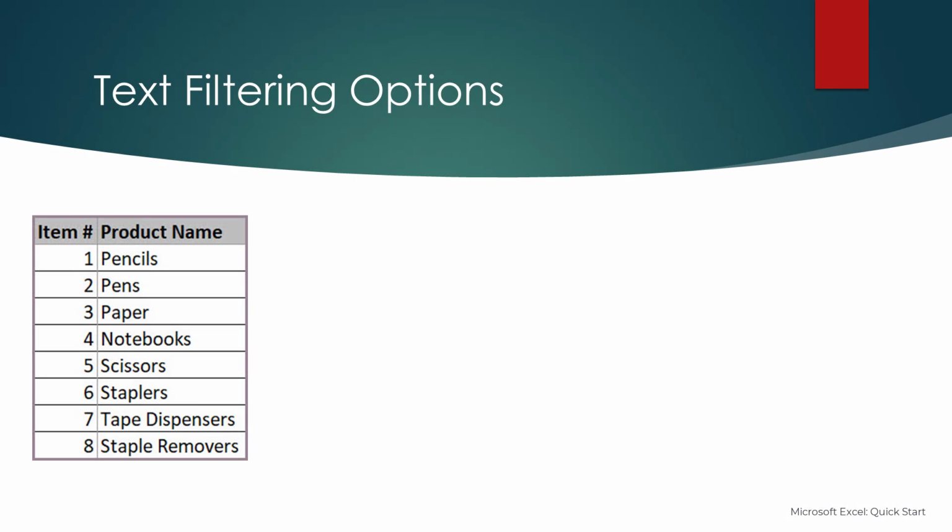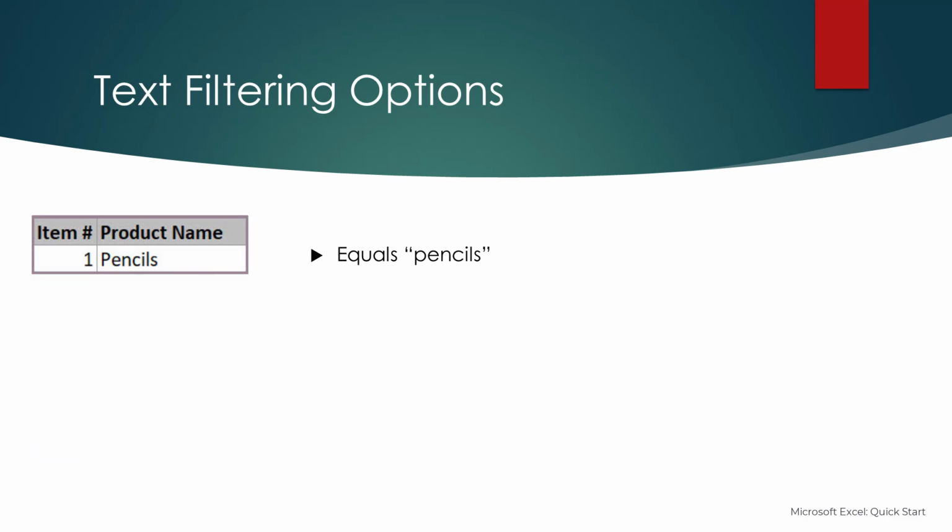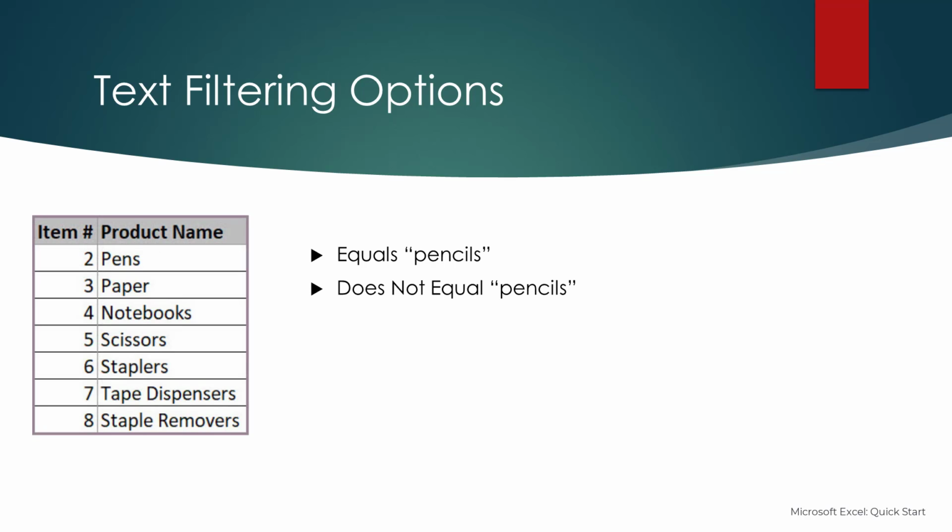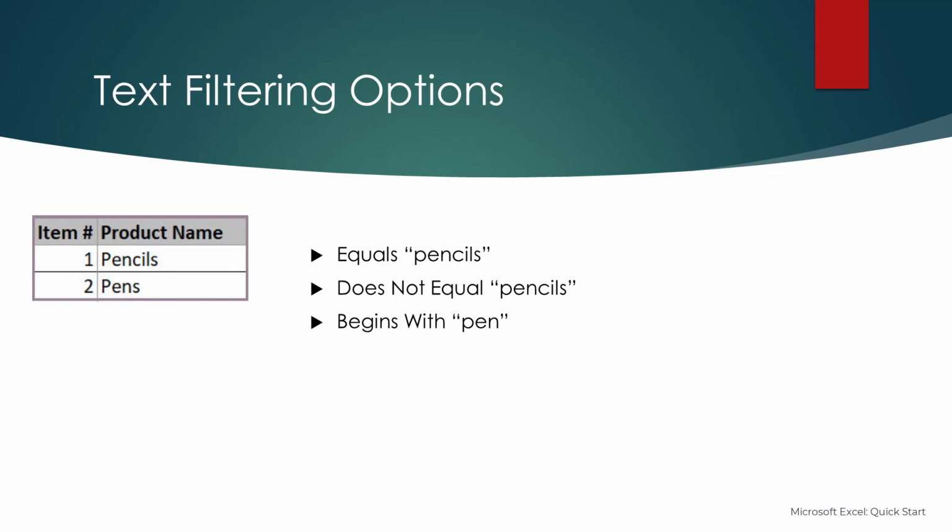If we wanted to filter this data on the text values in the product name column, some possible filters would include equals pencils, which would return just item number 1. Does not equal pencils, which would return all records except for item number 1. Begins with PEN, which would return item number 1 and item number 2 because they start with the characters PEN.